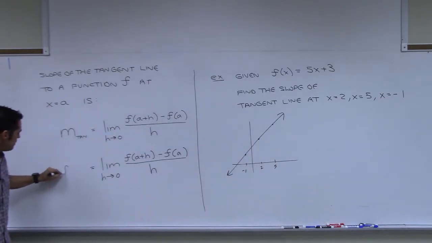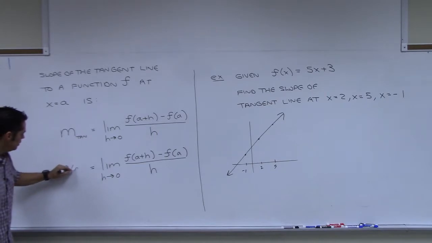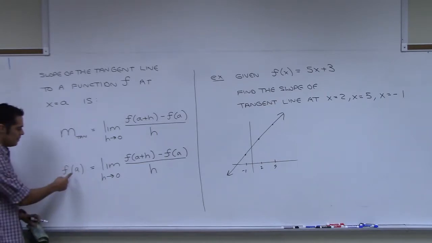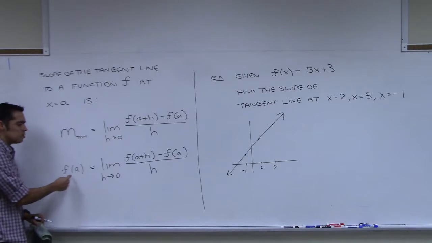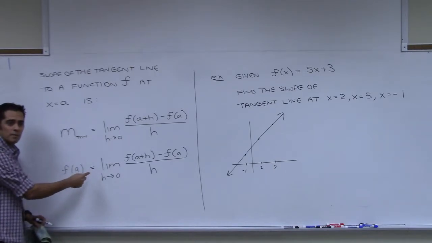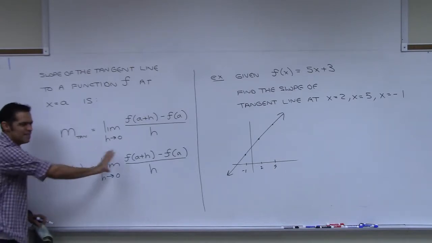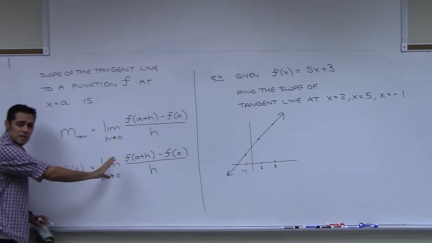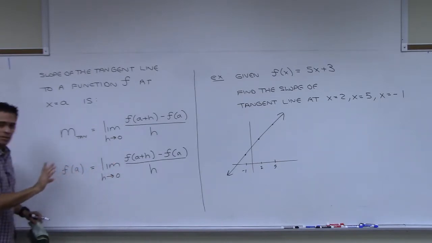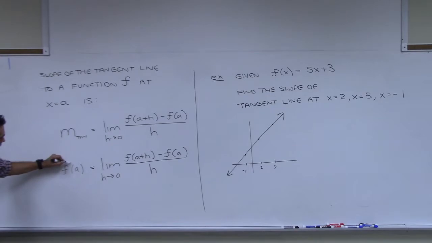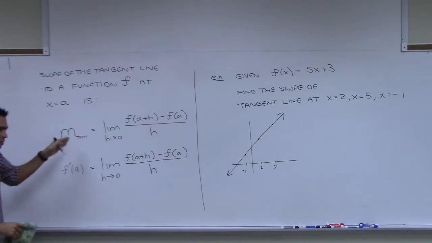Here's the notation. This is f of a. That would mean that's the function's value at a, right? Yes? And this is not the function's value at a. This is the slope of the tangent line at a, right? So all we do to let you know I'm talking about that is put a little prime mark. It's like an apostrophe. We call that prime.